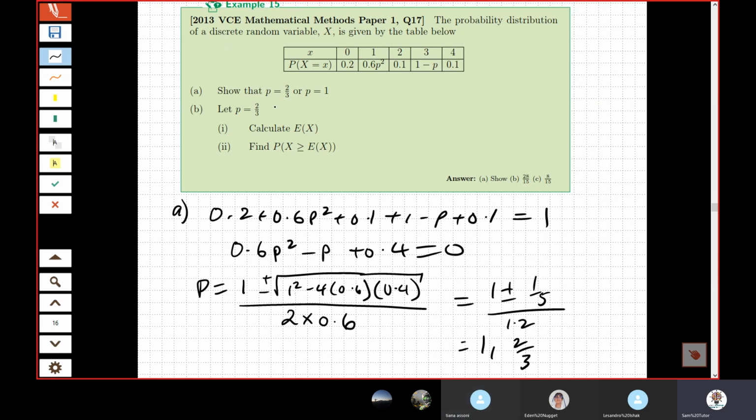All right, you guys. Then it says actually assume p is 2/3, and then go ahead and calculate this and find this. So please go and try that. The answers are here. I'll give you some time. I'll just fix this up so you guys don't get this wrong.